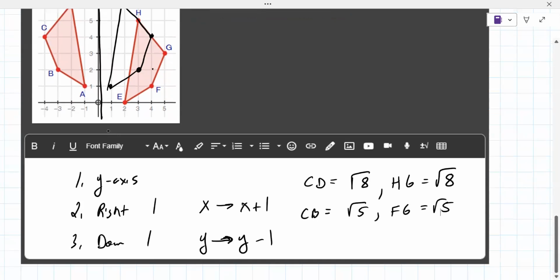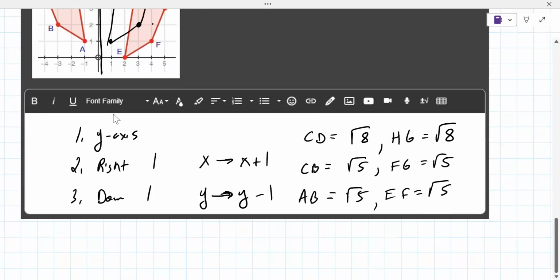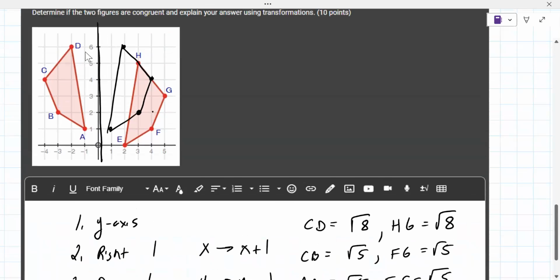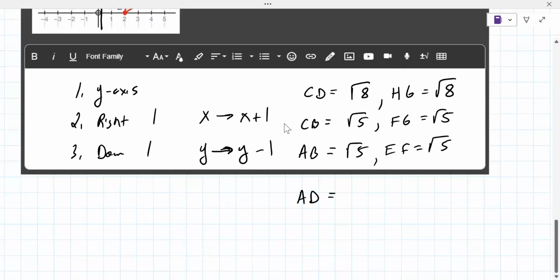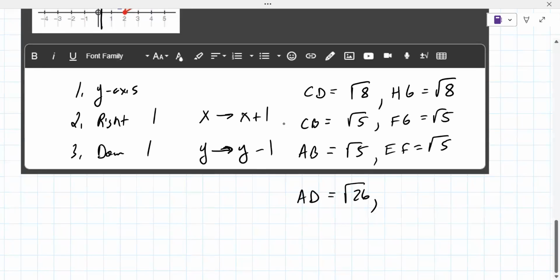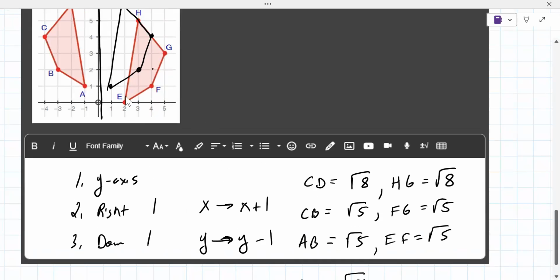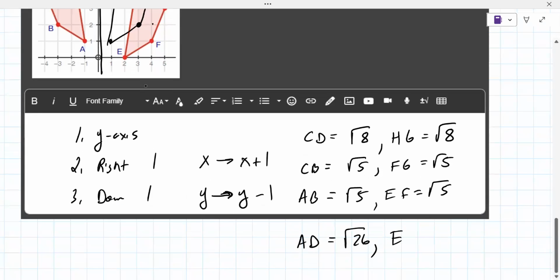And then from A to B, it's the square root of 5, and E to F is the square root of 5, and then A to D is the 1 and then 5, so the square root of 26. And then E to H is also the square root of 26.